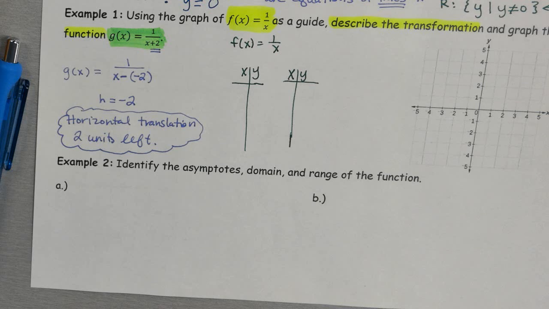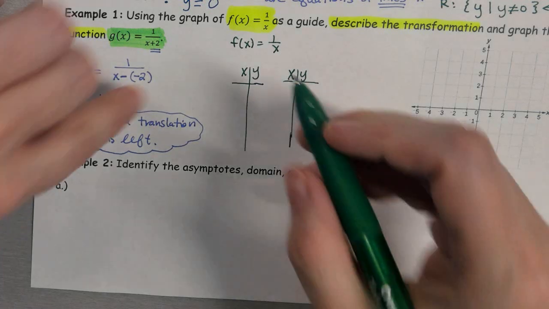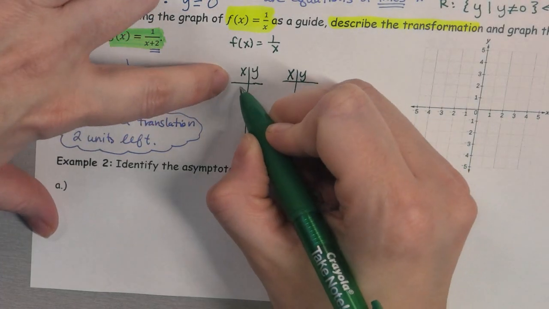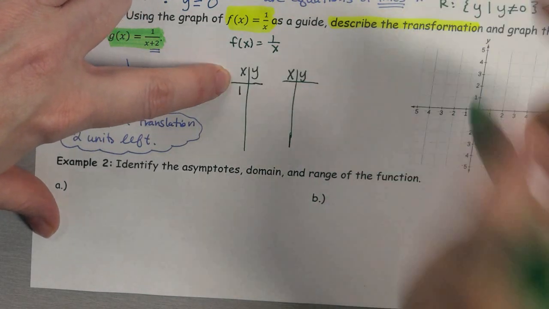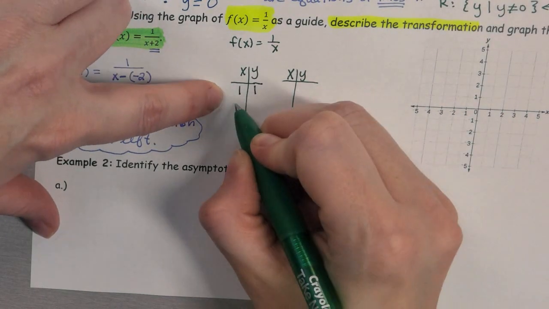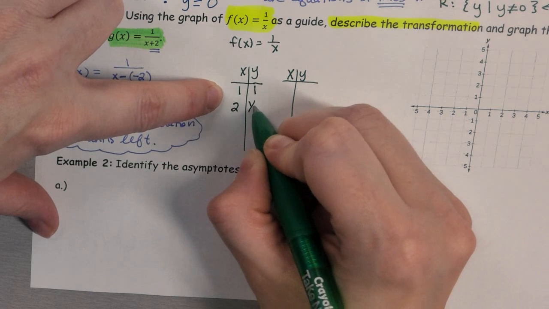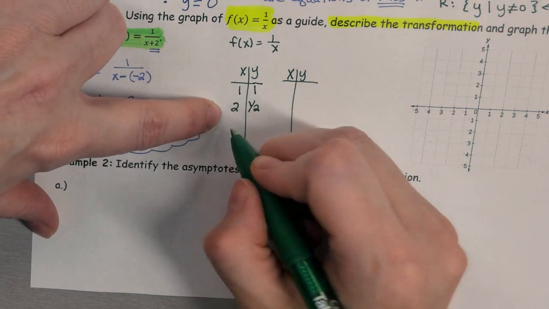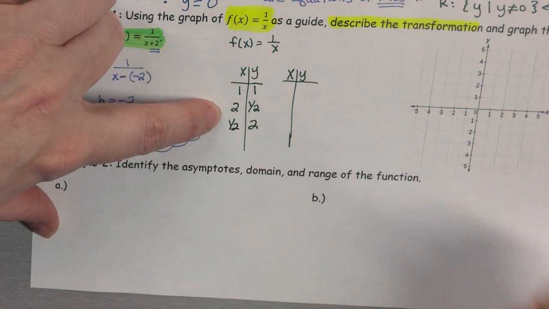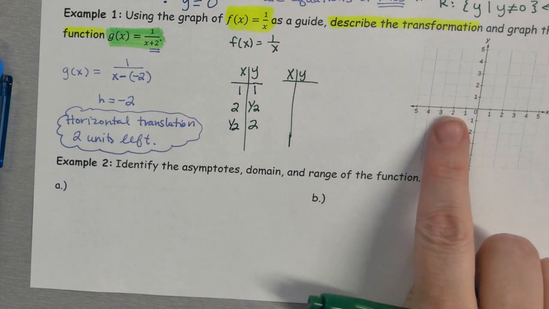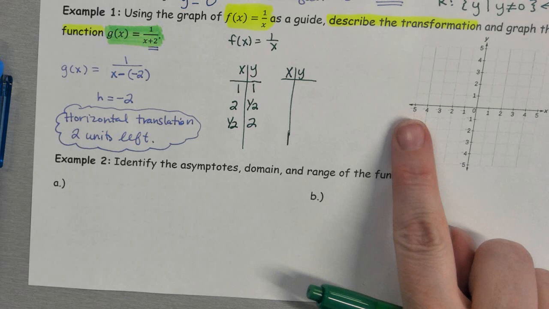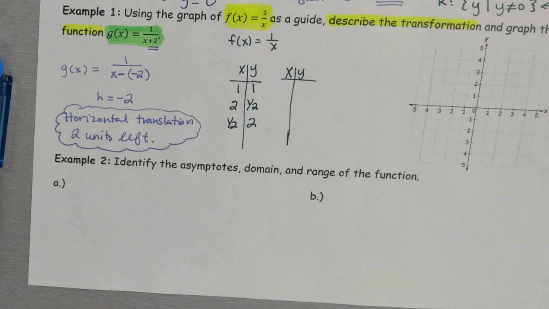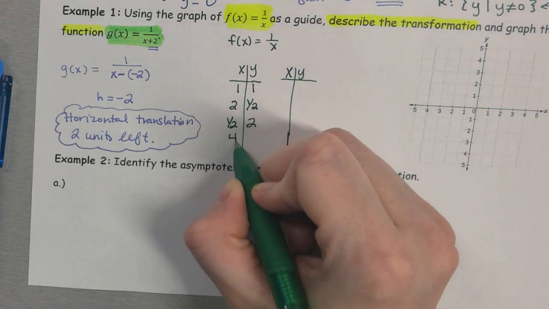Okay, so let's just start with some of the ones that we did before. So we started with 1. So from above, our points were 1, 1, they were 2, 1/2, and they were 1/2, 2. I'm going to extend this a little bit further because on this graph here, see how it goes out to 5 and negative 5? Okay, so you could do the 5s or you could do the 4s. It really doesn't matter.